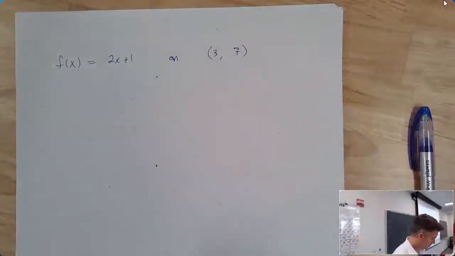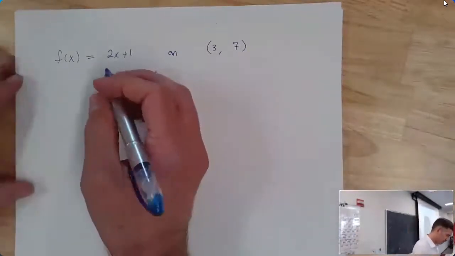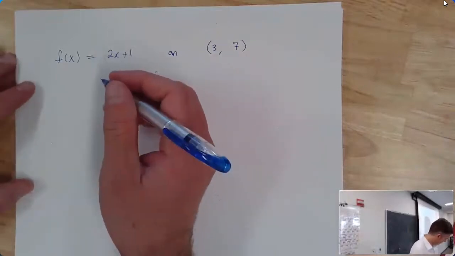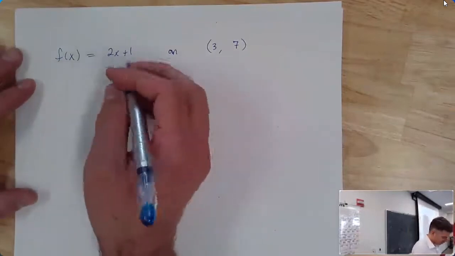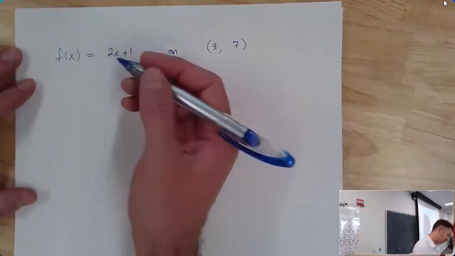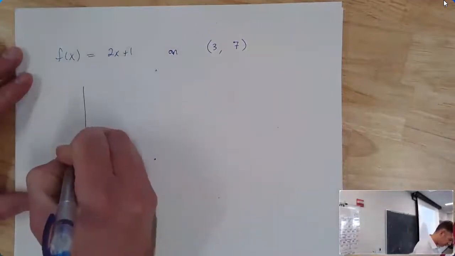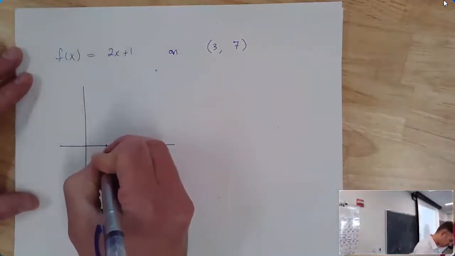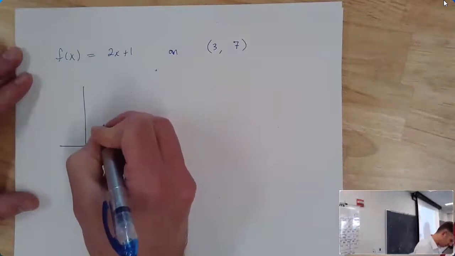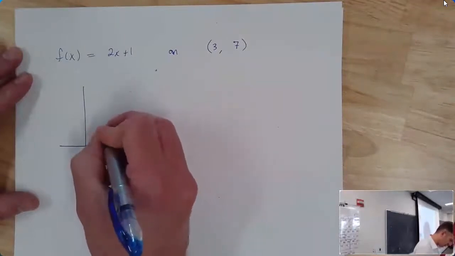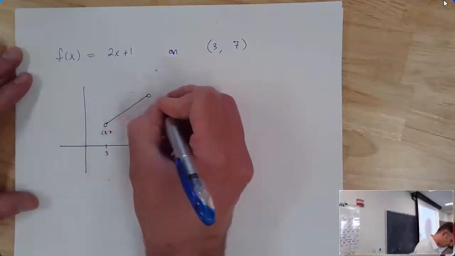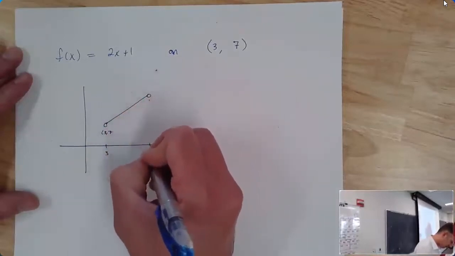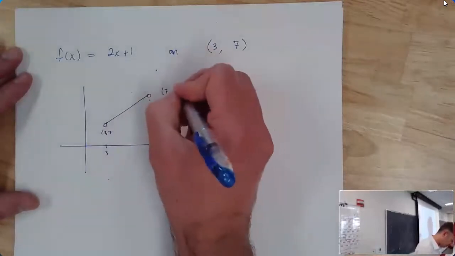Okay, so let's say we got this one. So the problem with this one is we're going to be starting at the point 3, 7 and ending at the point 7, 15.